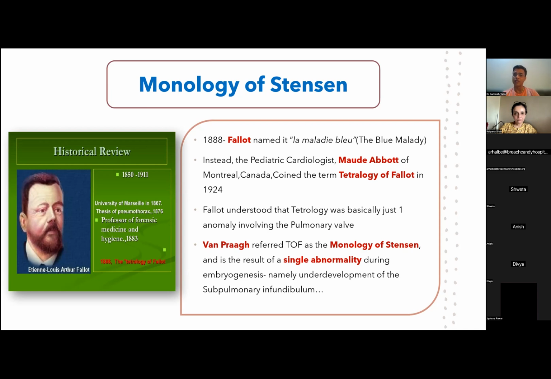The pediatric cardiologist from Canada, Maud Abbott, coined the term tetralogy of Fallot in his honor in 1924. According to one view, this is a single abnormality that leads to multiple problems, which we'll discuss in the further slides.